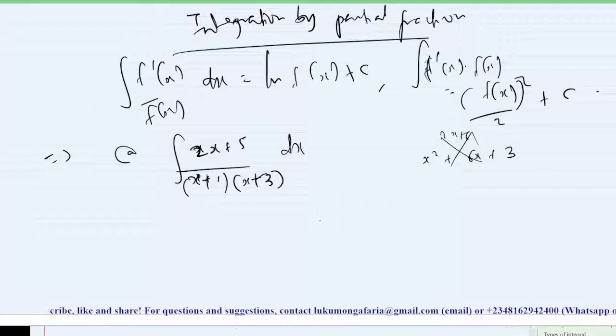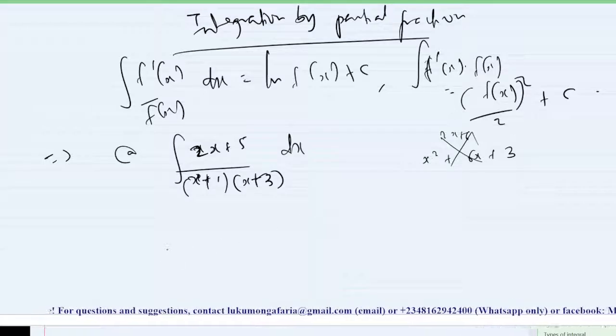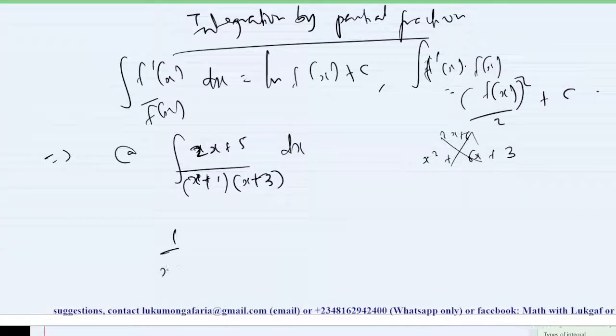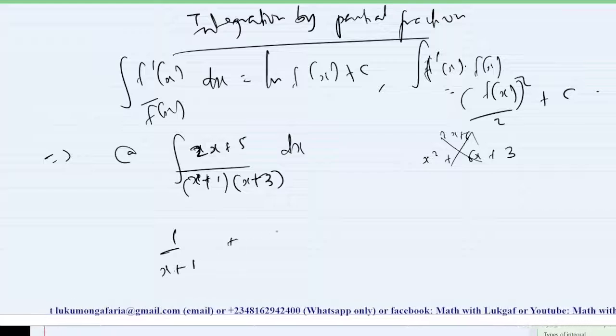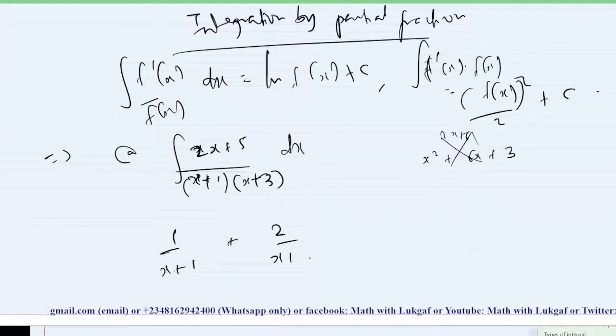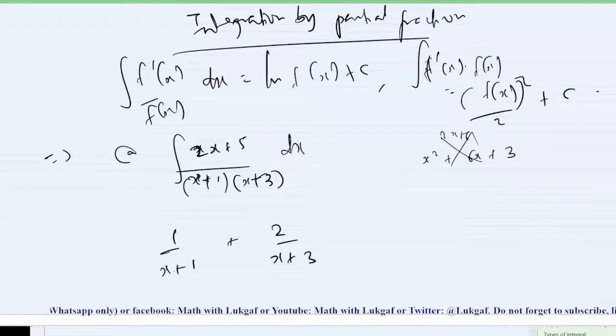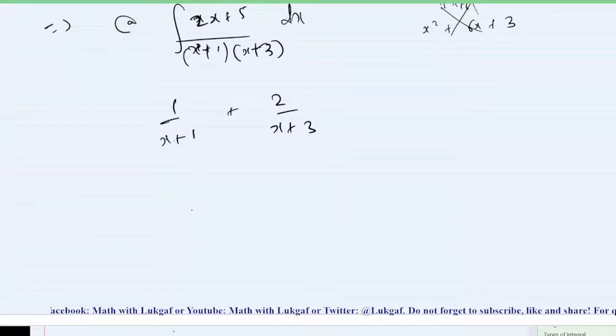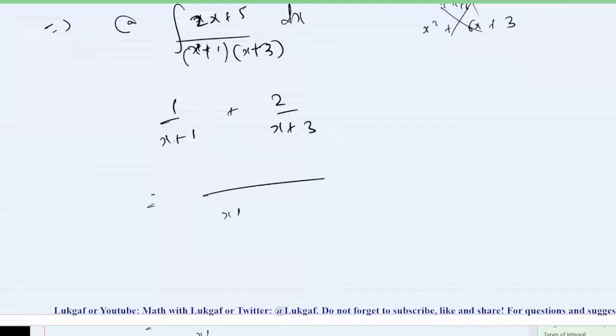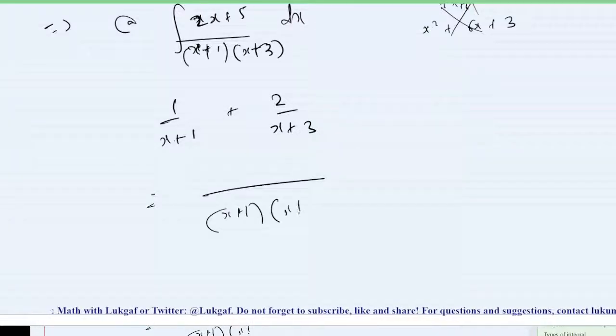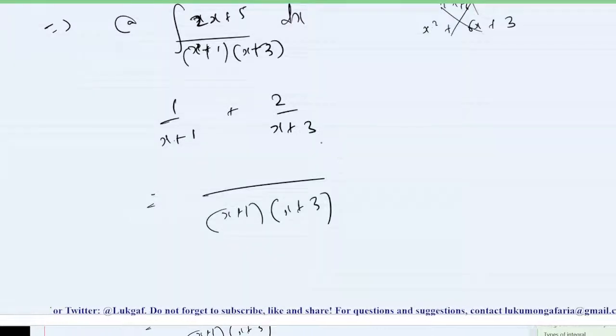What is partial fraction? Take for example, if I have 1 divided by x plus 1, plus 2 divided by x plus 3. We can solve this. If you want to solve this, you are going to find your LCM, which is (x plus 1)(x plus 3), right?